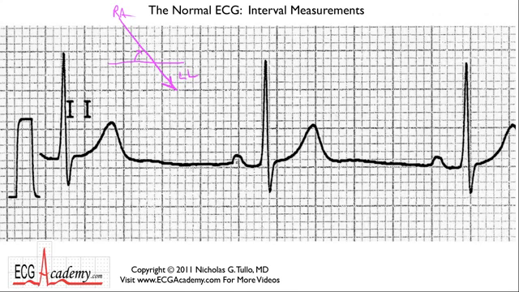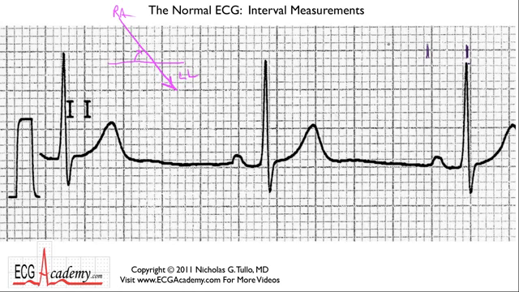What I want to talk about is first measuring R to R interval. Okay, so find an R to R that's close to a heavy line. Like take this one. Now it's off about 20 milliseconds, so you have to take that into consideration. And what I like to do is look for the same spot on this heavy box.